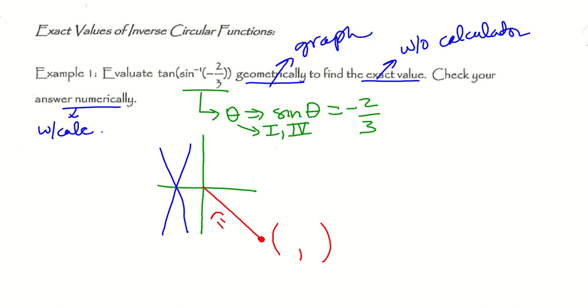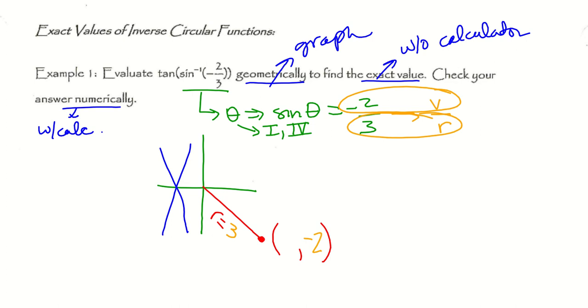Now we know that the sine can be found by taking v over r. Because of that, we know that v could be -2, so our second coordinate is -2, and r then would be 3.